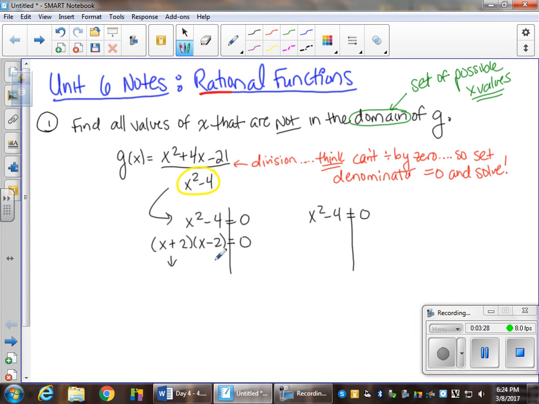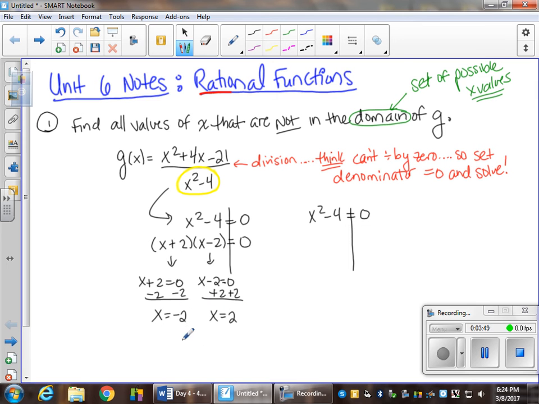If I set both of these equal to 0, x plus 2 equals 0, x minus 2 equals 0, subtract, subtract, add, add, I get x equals negative 2 and x equals positive 2.